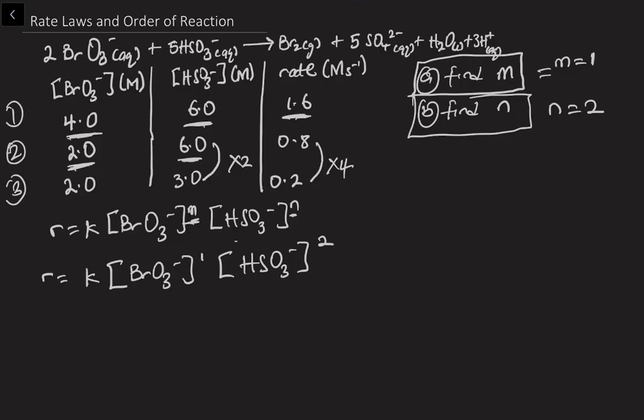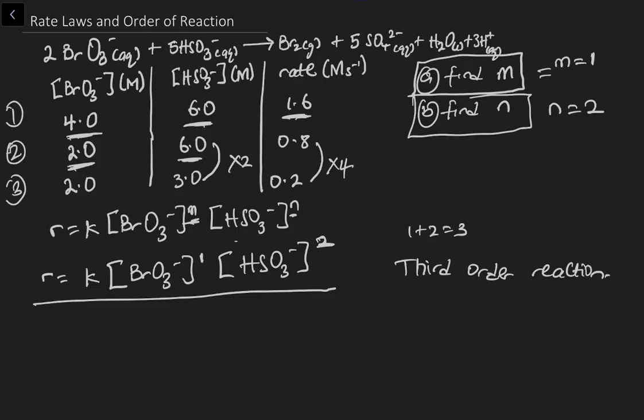N is 2. So this is our rate law. And because you have 1 here and 2 here, 1 plus 2 is 3. This is what you call a third order reaction. So this is how we find the rate law for a given reaction.